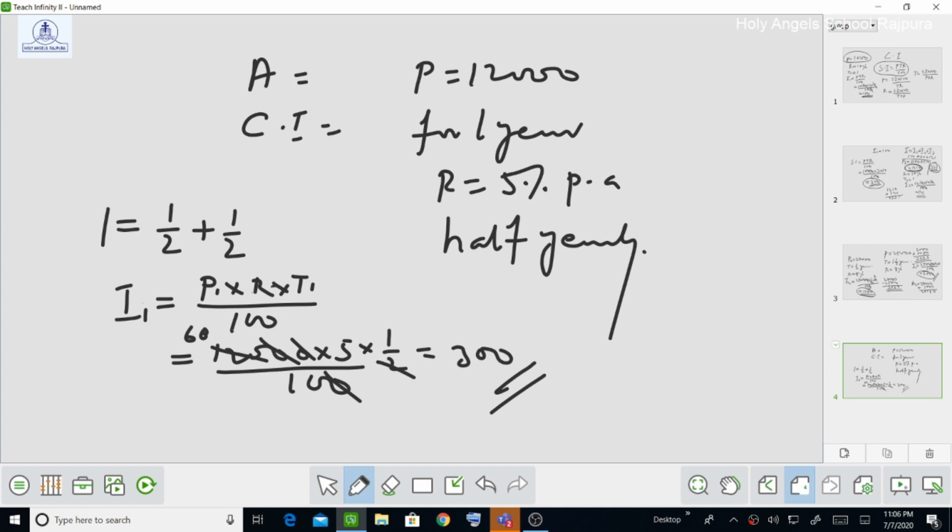Now we add this according to the definition of compound interest. Whatever interest is earned in the first half year is added to the original principal, so the second half year is starting. The amount after the first half year is 12,000 plus 300, that is 12,300.